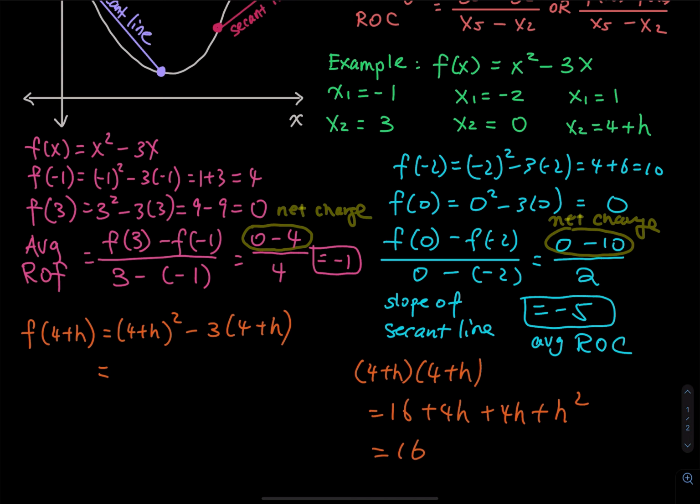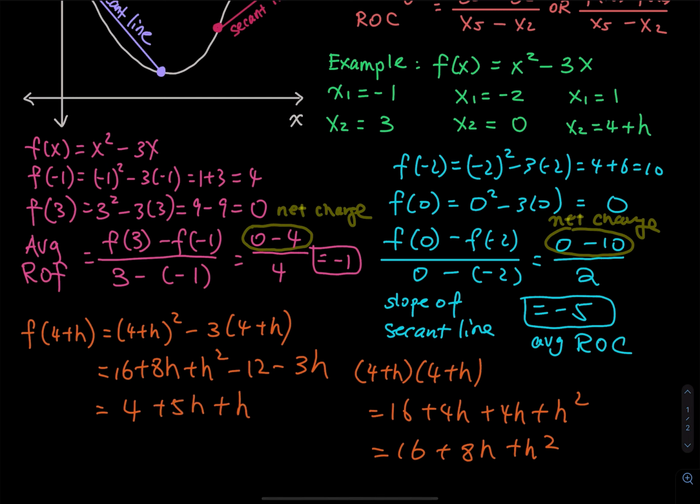So you have 16 plus 8h plus h squared. Negative 3 times 4, negative 3 times h. So you have 16 minus 12, 4. 8 minus 3, 5. And then h squared. So that is your f of 4 plus h.